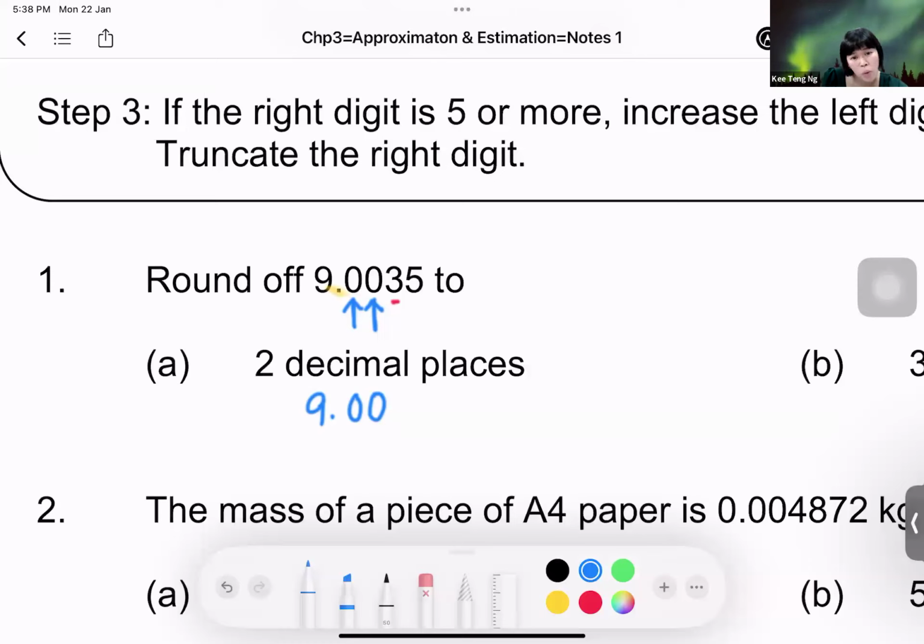9.00. What is the difference between the number 9 and 9.00? Now, 9 is an integer. There are no decimal places behind it. So 9 is only accurate up to the integer ones place. This 9.00 has additional 2 digits behind the decimal place.